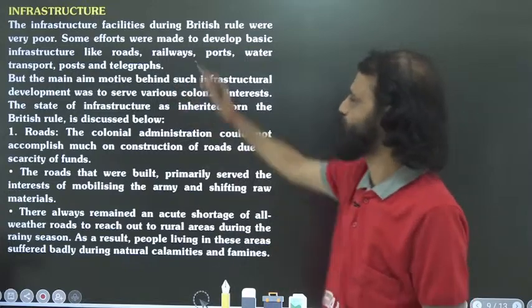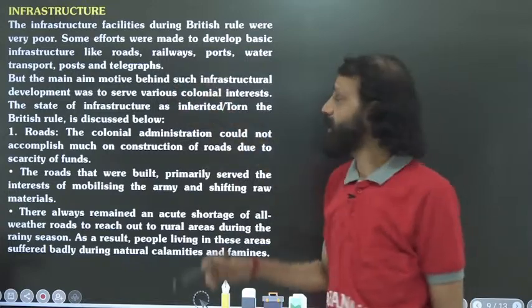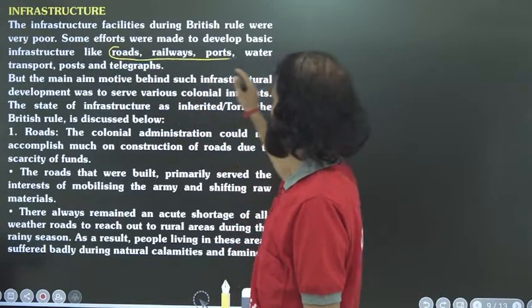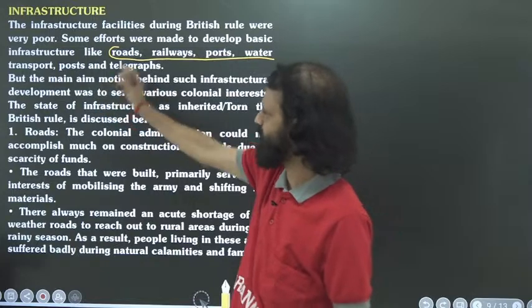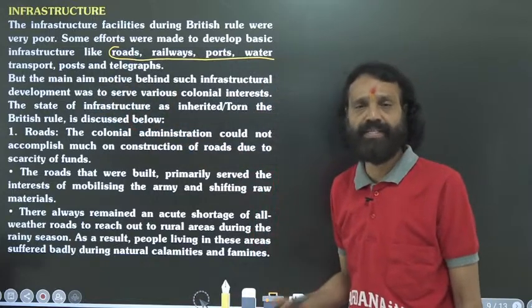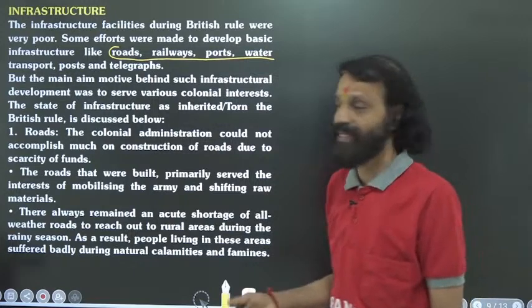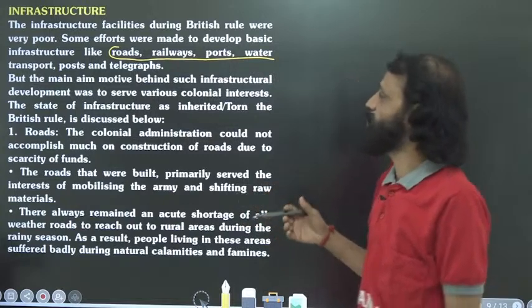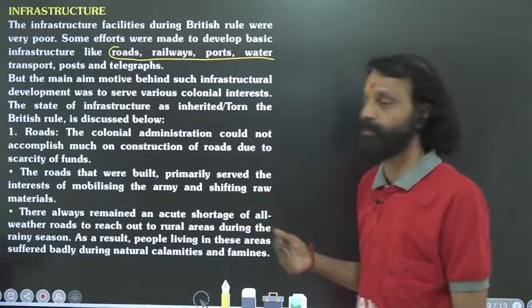Why? Because they wanted to exploit India's wealth and take it to Britain. They looted and plundered more wealth from India to Britain.